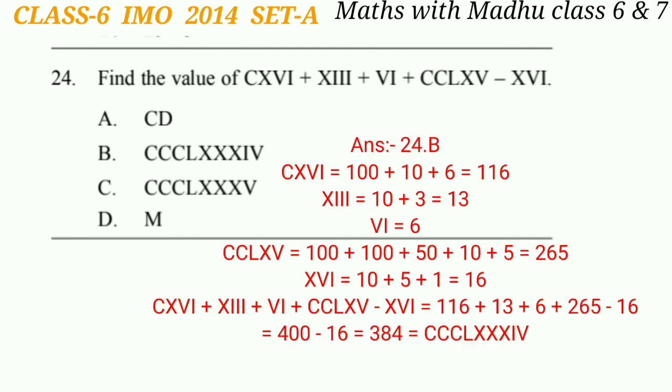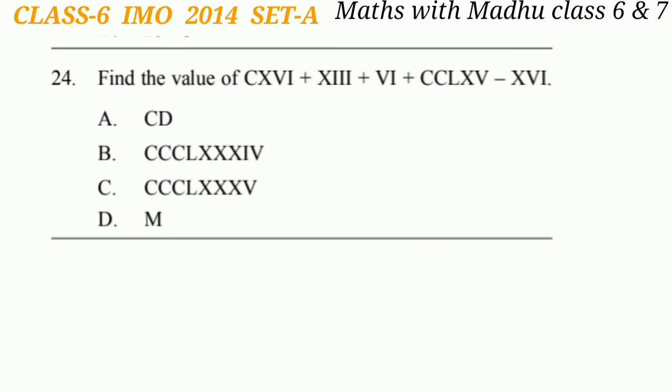Similarly, the value of XIII will be 13, VI is 6, CCLXV will be 265, XVI is 16. So CXVI plus XIII plus VI plus CCLXV minus XVI will be 384. We can write it as CCCLXXXIV. So the answer will be option B.